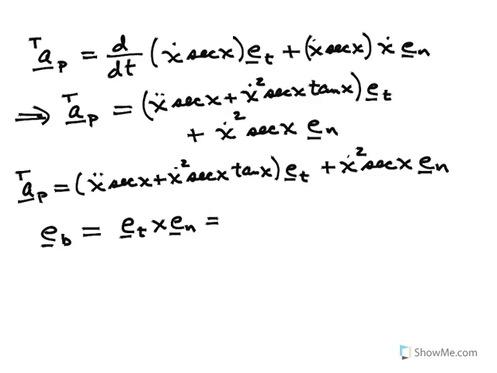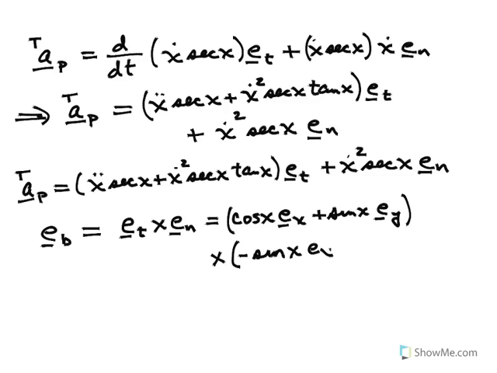We've got cosine of x EX plus the sine of x times EY, and we take its cross product with minus the sine of x EX plus the cosine of x EY. What do we get when we take that cross product? We get the following result.